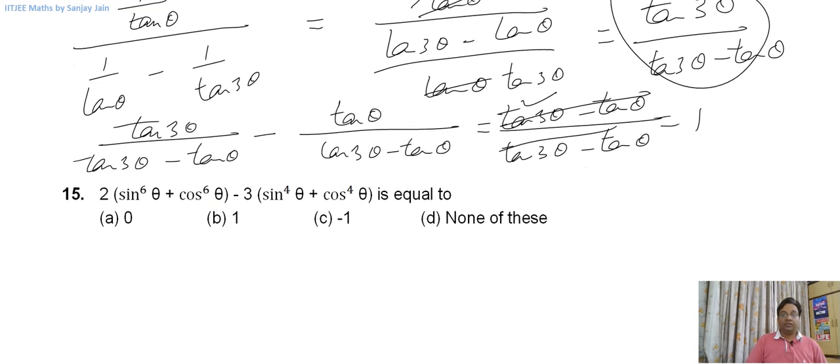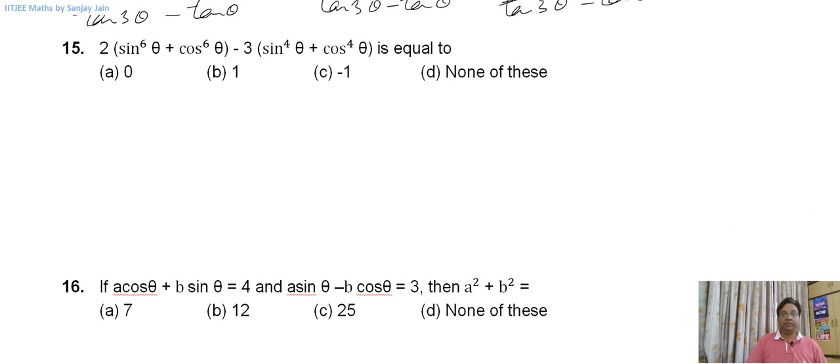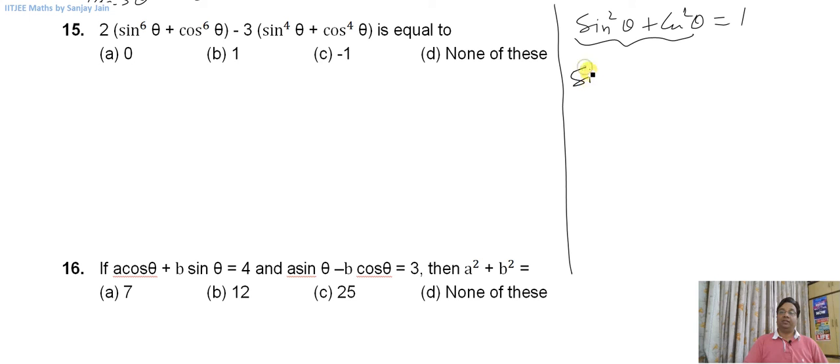Okay. Now in this question, I think we should use the identity sine square theta plus cos square theta equals 1. See, let me show you some manipulations. If I square this identity, what will I have? Sine 4 theta plus cos raised to power 4 theta plus 2 sine square theta cos square theta equal to 1.